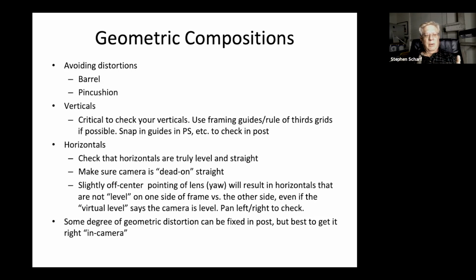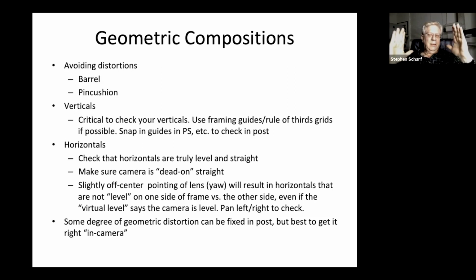And then it's very critical that you check your verticals when you're framing, particularly if you raise the lens up higher than about 3.5 or 4 feet high. The walls will start to converge at the bottom. Many of the mirrorless cameras now are great because they've got framing guides and rule of thirds grid, so you can use those as guides to check that you're straight.